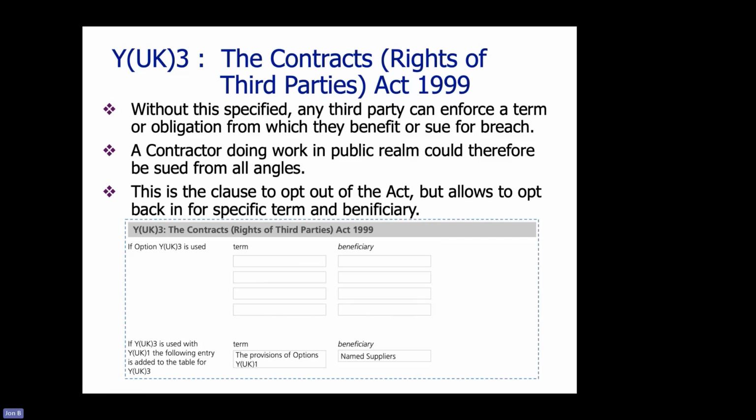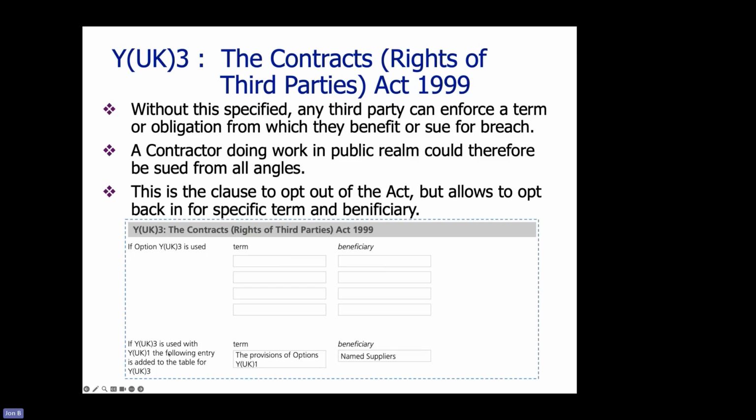So no third party can sue the contractor for a benefit which they get under the contract, which is between the client and the contractor. But if a term is put in here and the person is stated there, then they can. So without any entry here, it's a complete opt-out, but you can opt back in for a specific term and a specific party to benefit from it.